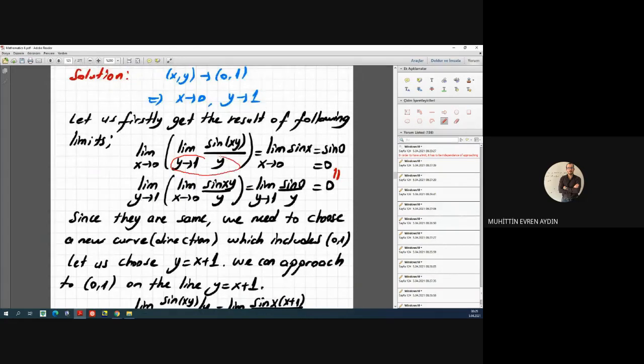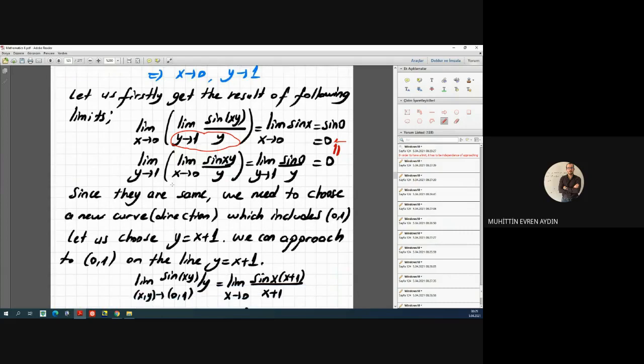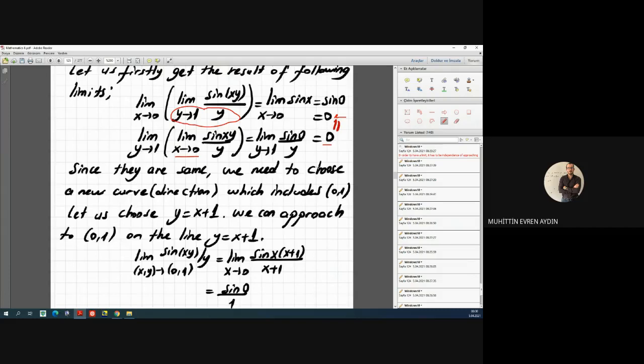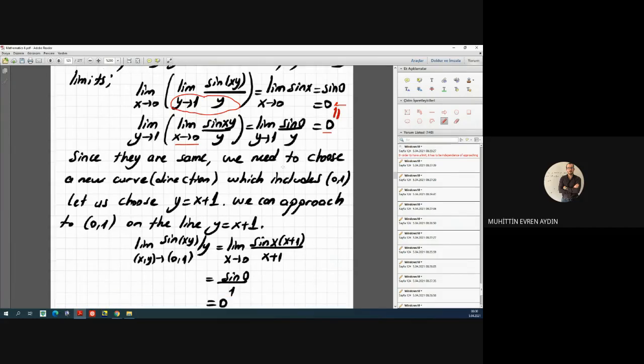Firstly, in this approach, we replace y with 1. We have sine of x, and we have the limit 0. Another approach, we obtain again 0. And this means that we have nothing at the moment. The limit may exist, the limit may not exist.